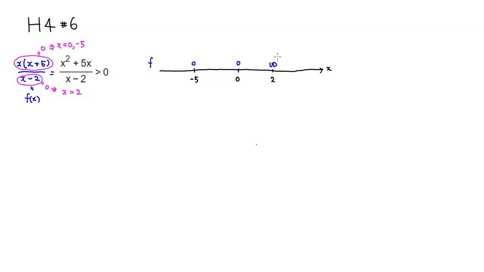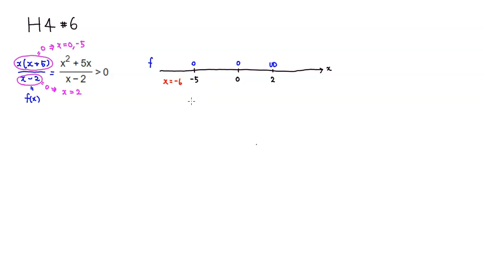The function is going to be either positive or negative everywhere else, so we just have to check some sample points. For the interval before -5, I'm going to try x equals -6.